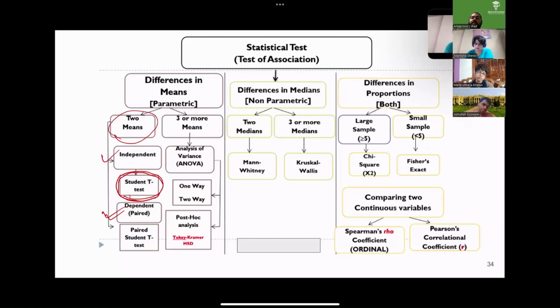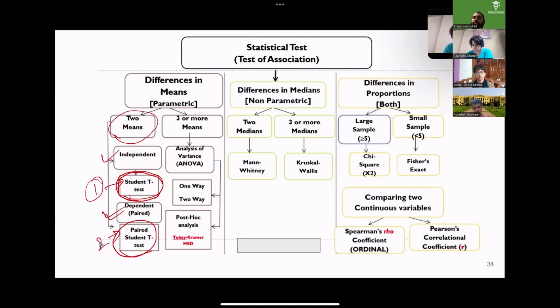That time, we can apply which one? Paired student t-test. Right? Got it? Two types of tests we have discussed here. One is student t-test, and the other is paired student t-test.